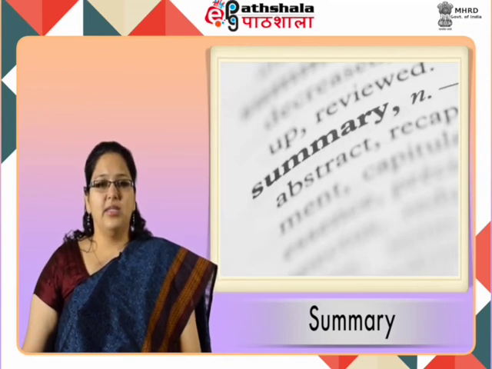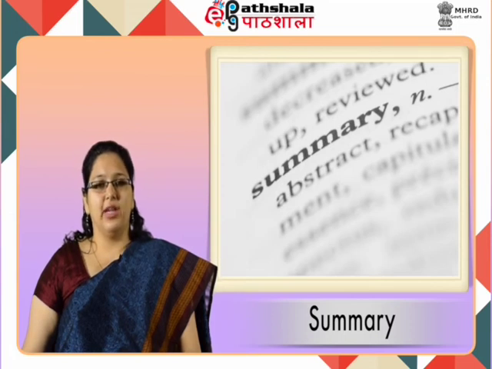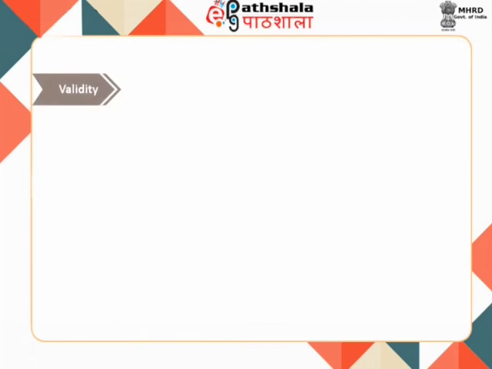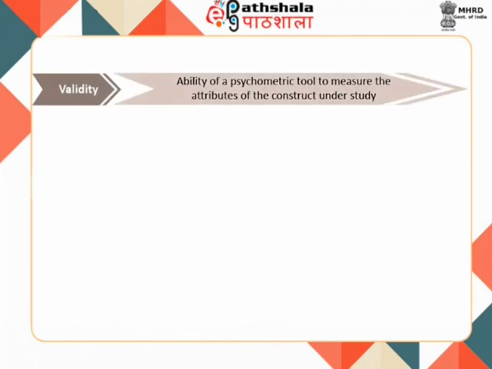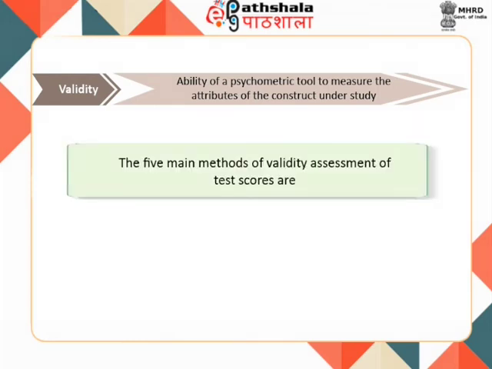Meta-analysis is the basis for the technique that is often referred to as validity generalization. Validity is defined as the ability of a psychometric tool to measure the attributes of the construct under study. The five main methods of validity assessment of test scores are: 1. Determining validity by means of judgment of test takers, face validity. 2.